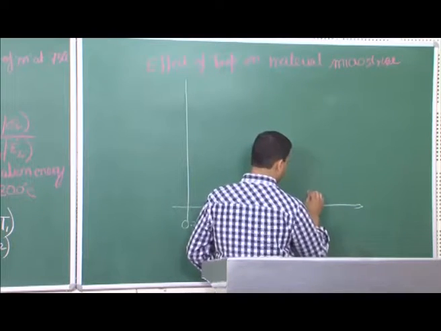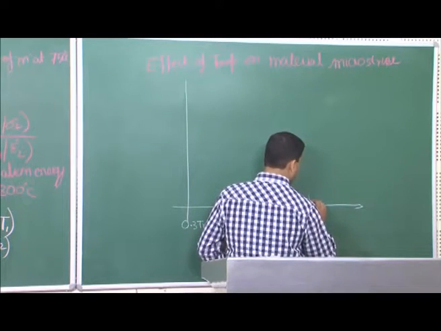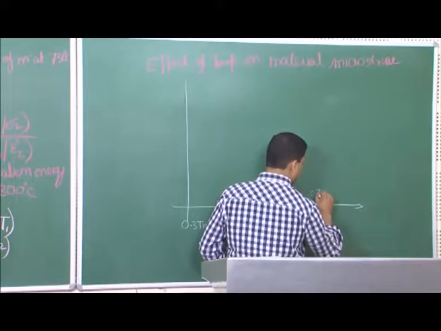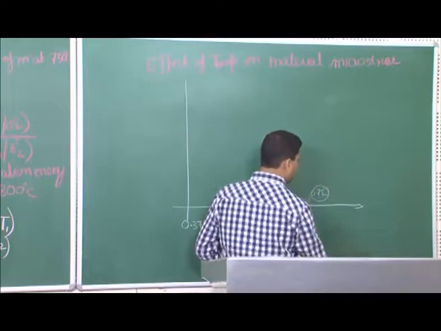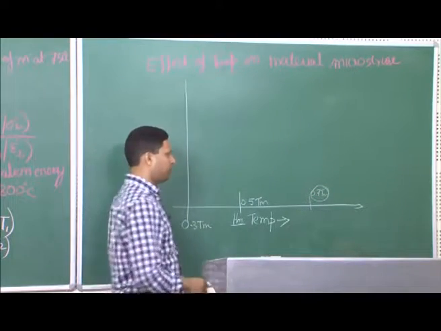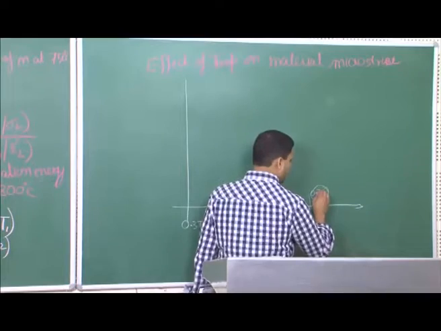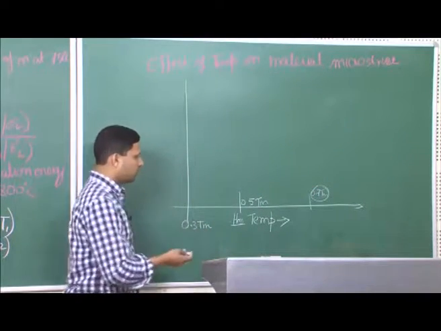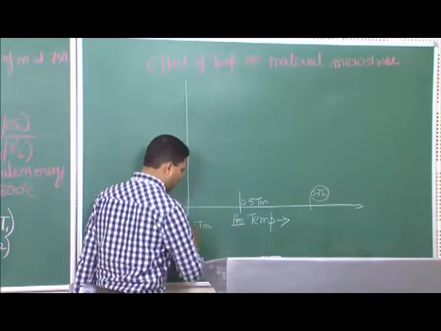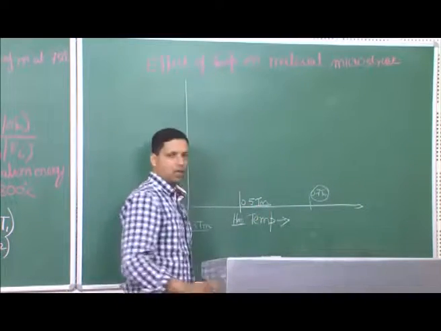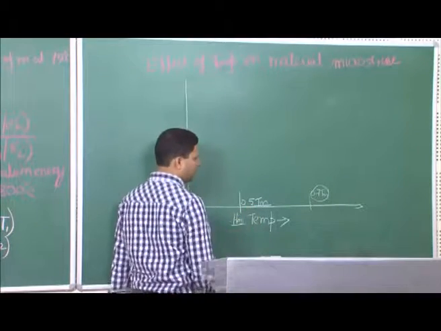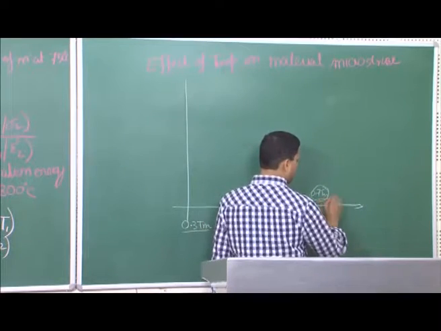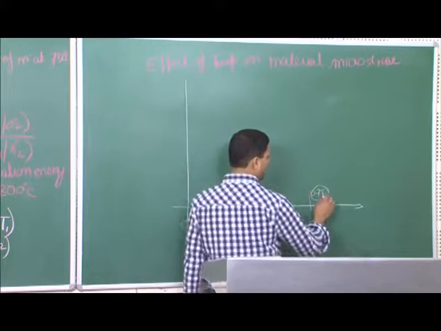Another marker that I draw here is 0.5 and some higher temperature, of the order of let us say 0.7 Tm. This value is a little arbitrary. There is no exact value. The textbook values are 0.3 Tm and 0.5 Tm. These are the more important values, but we also have a third region which is approximately above 0.7 Tm.